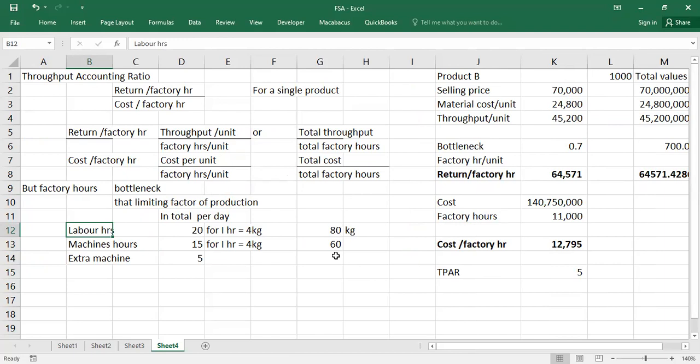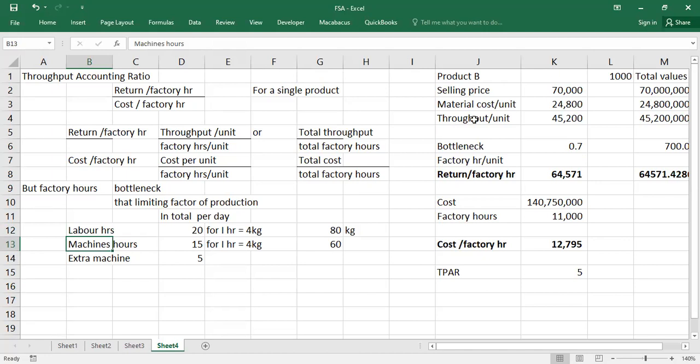The one that gives you the smallest output is the limiting factor because it doesn't allow you to exhaust your maximum. That's how you go about it. If you're given two factors, say labor and machine hours, the one that gives you the smallest production is the limiting factor because it's not allowing you to maximize the other input or factor.